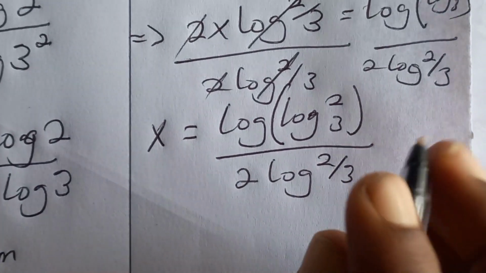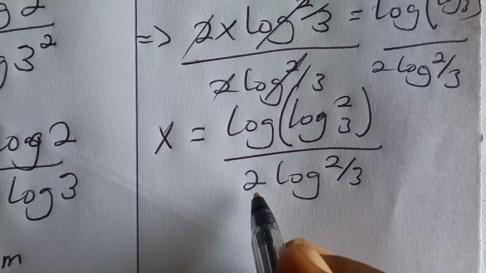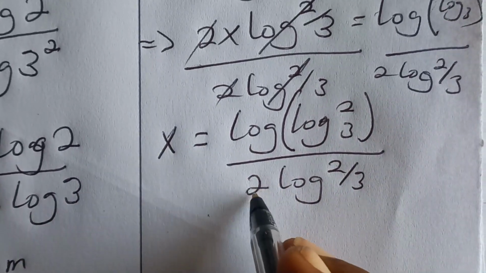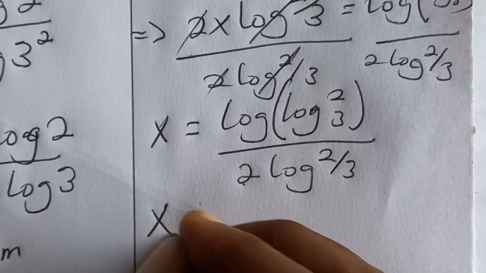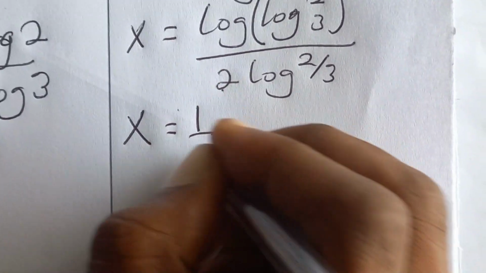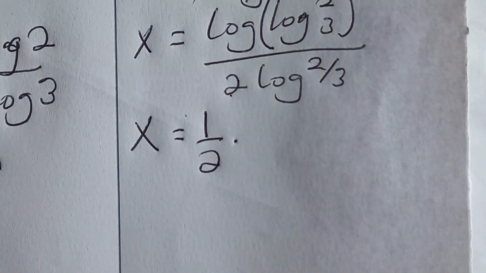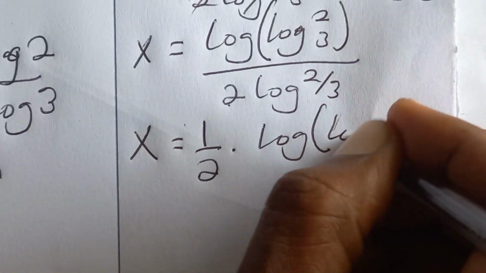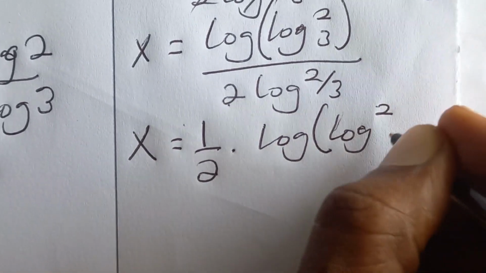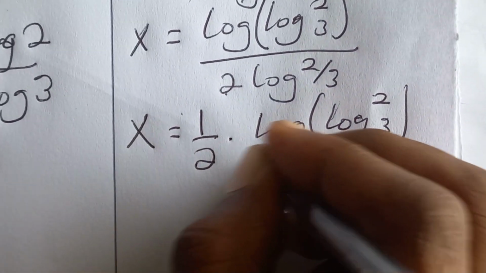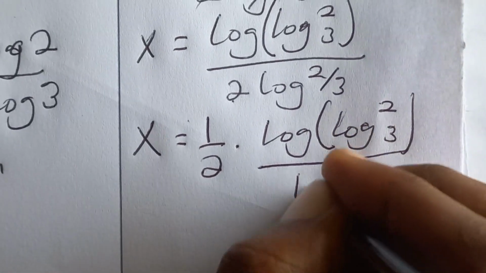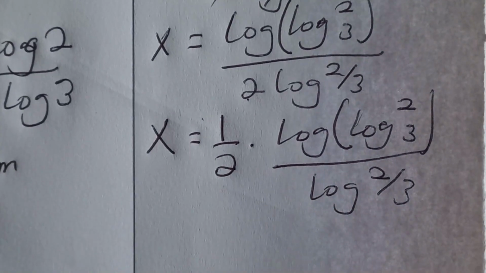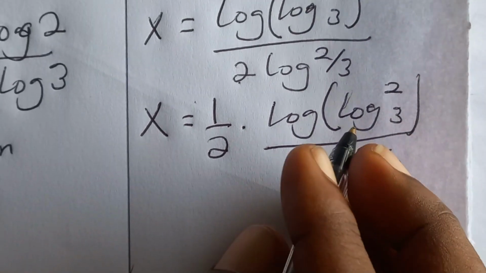Okay. So now we can make it half, because of these two. We can say that x is equal to half multiplied by log of log 2 base 3 on log 2/3. Okay.